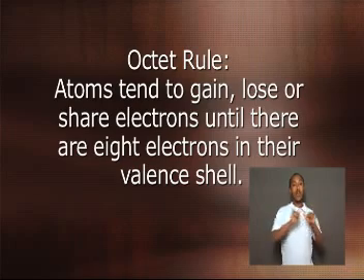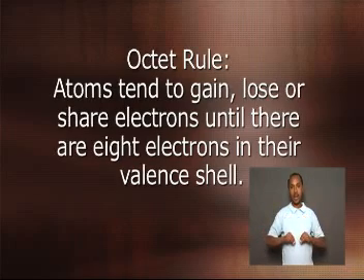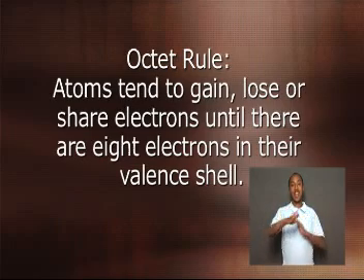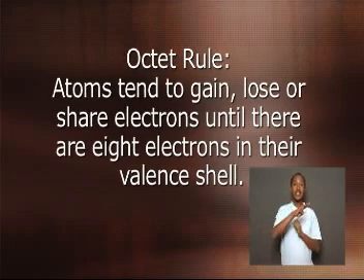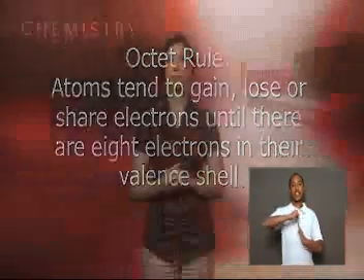According to this rule, atoms tend to gain, lose, or share electrons until there are 8 electrons in their valence shell. The type or characteristic of the resulting arrangement depends largely on the type of chemical bonding that occurs between the atoms.